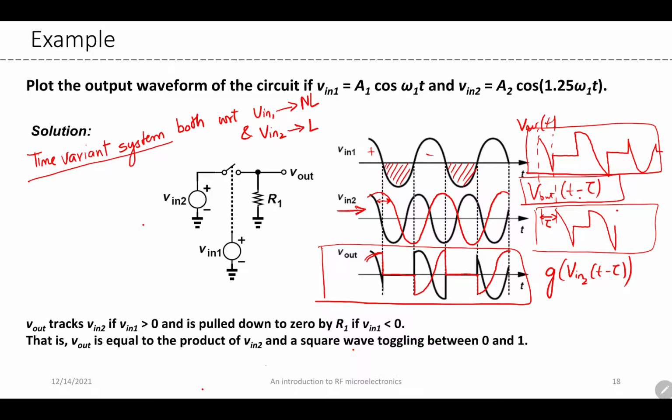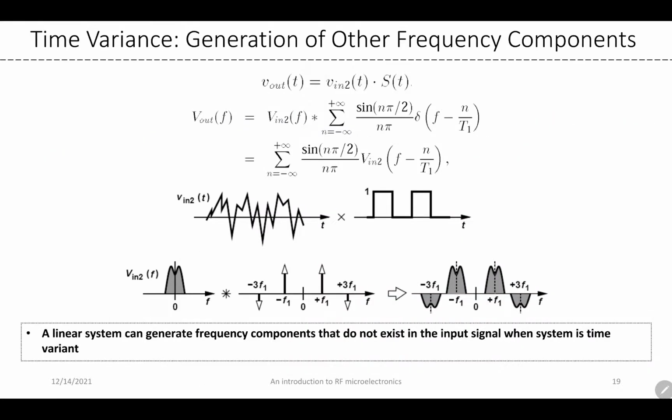Now with respect to V in 2, there's something which we need to understand. Even though the system is linear, it can still generate harmonics.